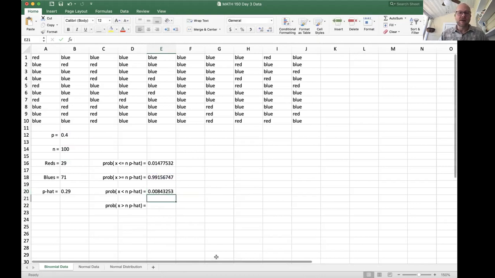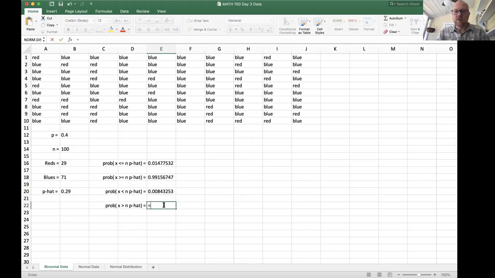Look, it got me the same thing. And so equals 1 minus, now we want to get greater than, so we can take the opposite of the less than or equal to 1 and get that there, okay? So those are all these probabilities that we might think about on this, right?